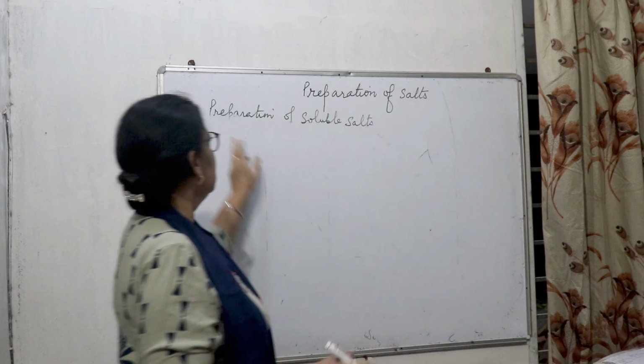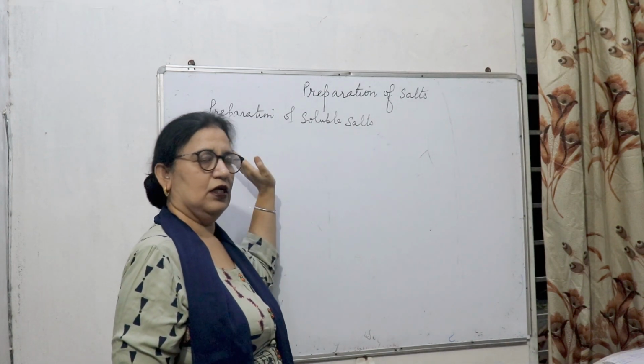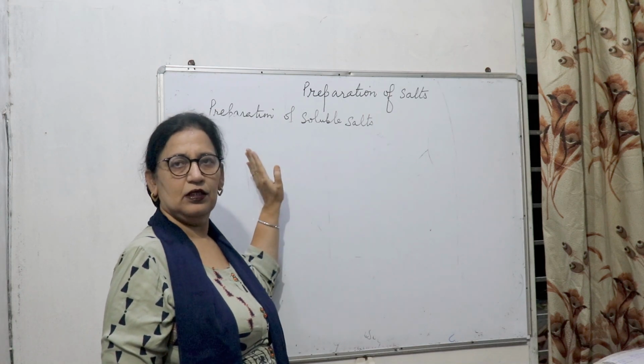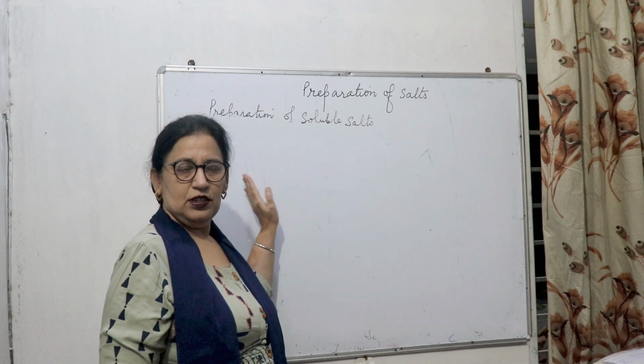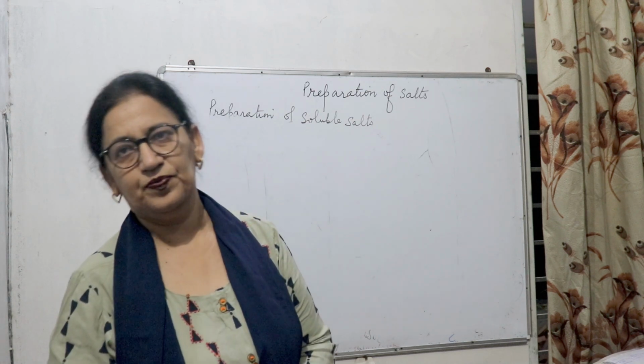So this is all about the preparation of soluble salts. We did 4 methods. One is direct combination, second is simple displacement, third is decomposition, and fourth is double decomposition, that is neutralization. Thank you.